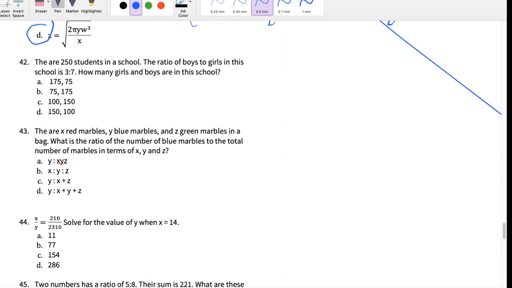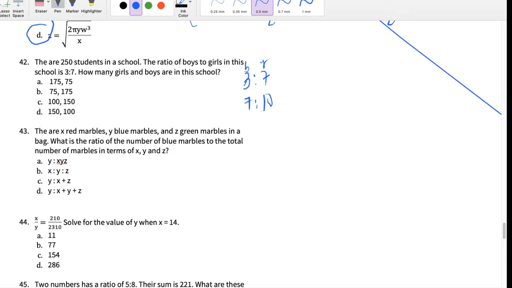Another way is, ano ang ratio mo if you have boys to girls, you have 3:7. Okay, how about if we check the ratio of girls to the total number of students? Okay, so girls, ito yung 7, 7 for every 10 students. Kasi 3:7. So yung total dito is 10.